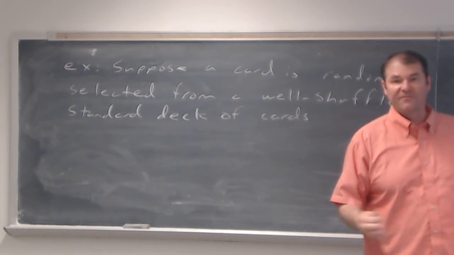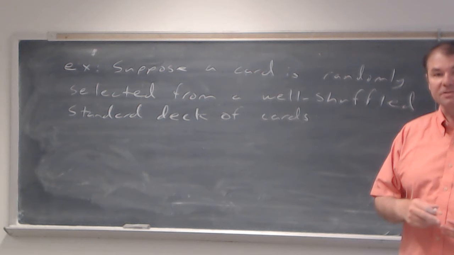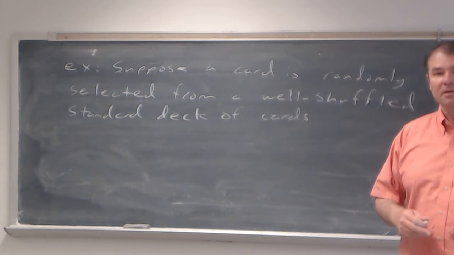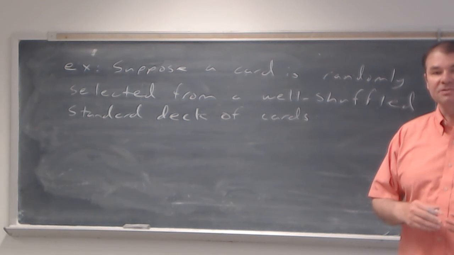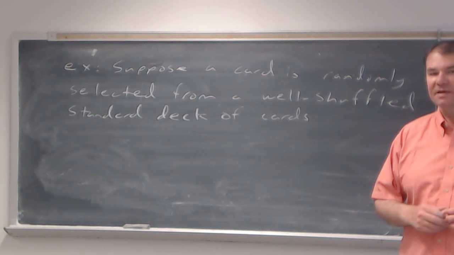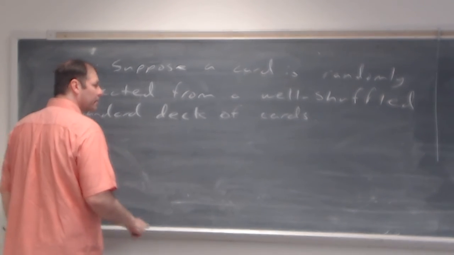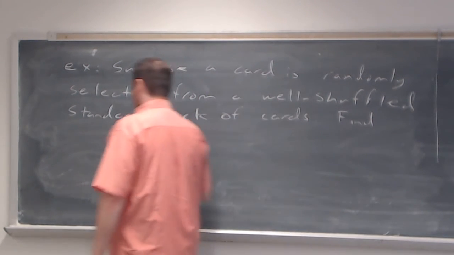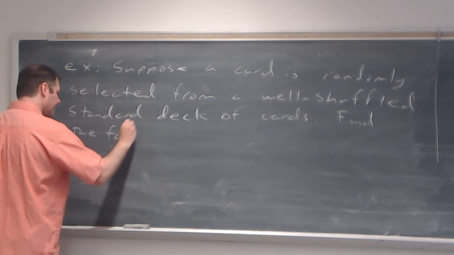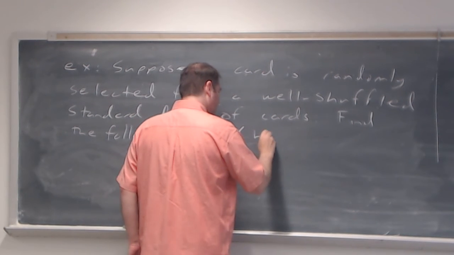Standard deck, there are 52 cards, there are 4 suits, there are diamonds and hearts and clubs and spades, clubs and spades being black, diamonds and hearts being red, and in each suit there are cards ace, 2, 3, 4, 5, 6, 7, 8, 9, 10, jack, queen, king. Find the following. A is the probability a heart was selected.